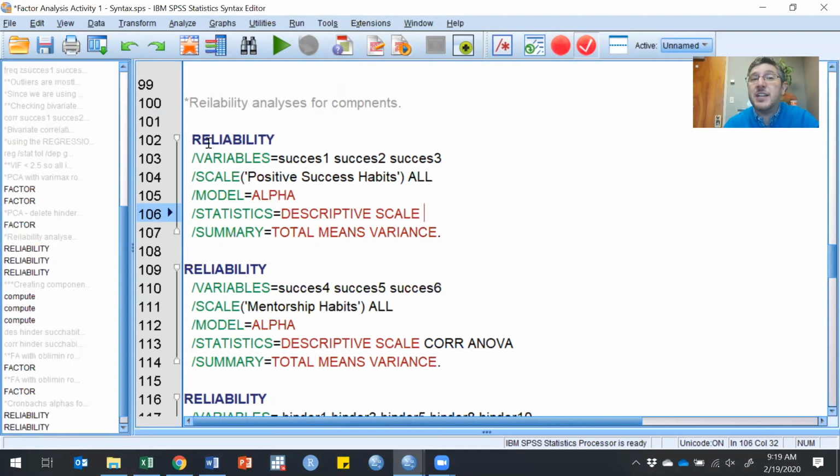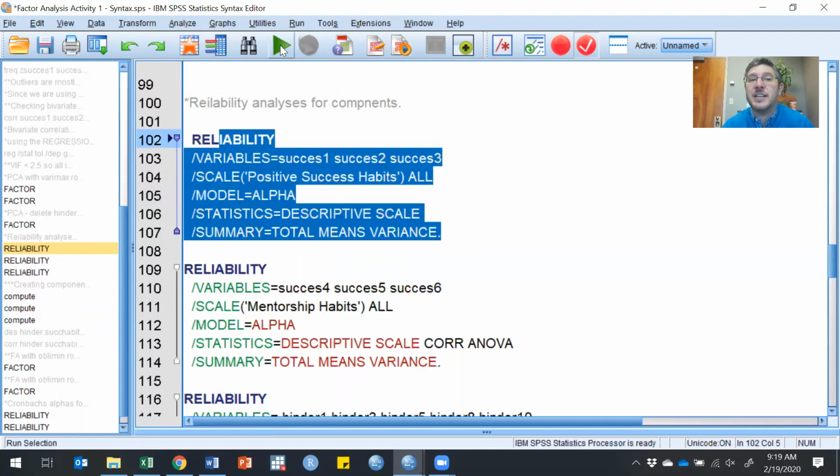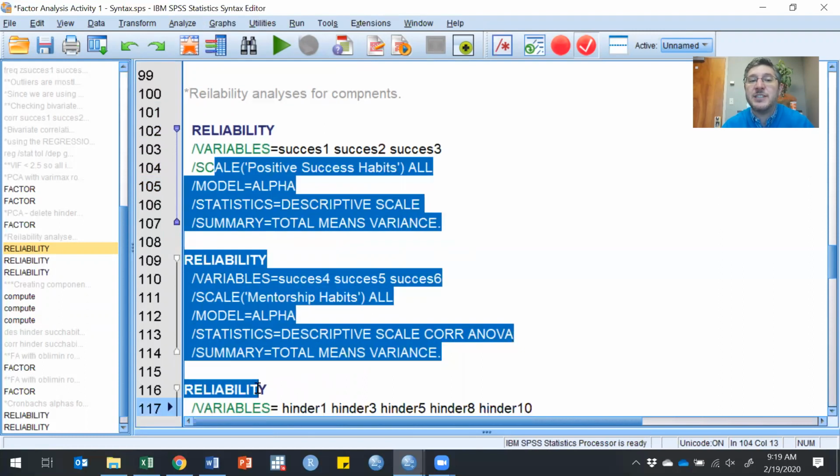You basically write reliability, give the variables that are in the scale, and you can give the scale a name here. We want to compute Cronbach's alpha, and then we can get some descriptive statistics, information about the item, and some summary statistics here. We'll go ahead and do that for all 3 of our scales.